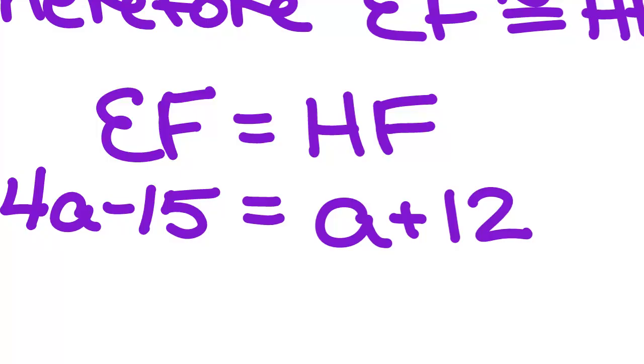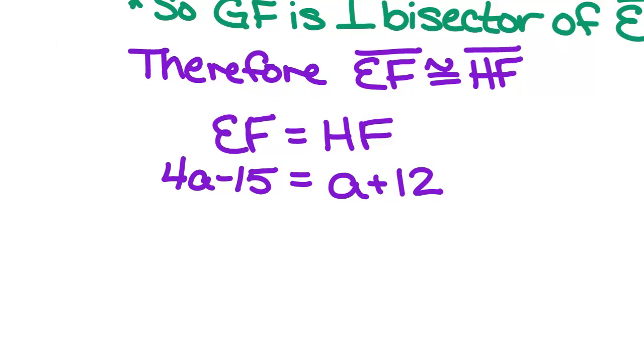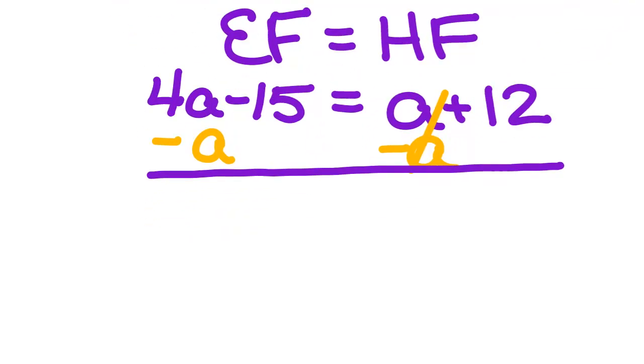We're going to solve this for A so that then we can use that to find the length of segment EF. So I'm going to get my A's to the same side. We're going to subtract A from both sides. 4A minus A would give me 3A. We're subtracting. Minus, yep.